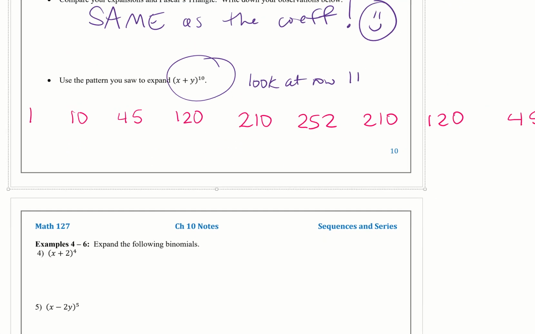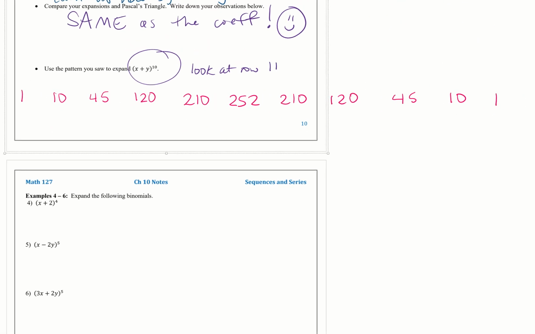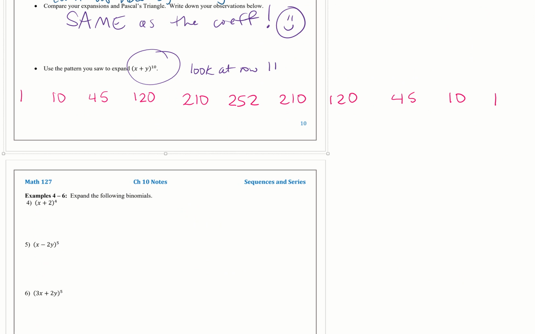So what would happen here is the highest power for x that I should ever have is x to the power of 10. And then my powers of x should go down by 1 each time. I don't know if I gave myself enough room. You will see. Until at the very end, I should have no x's.